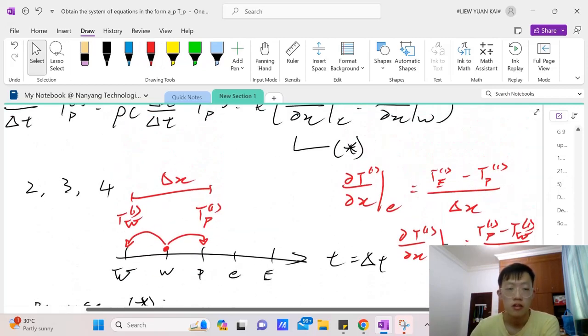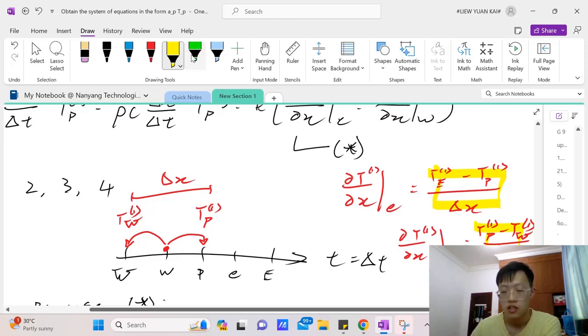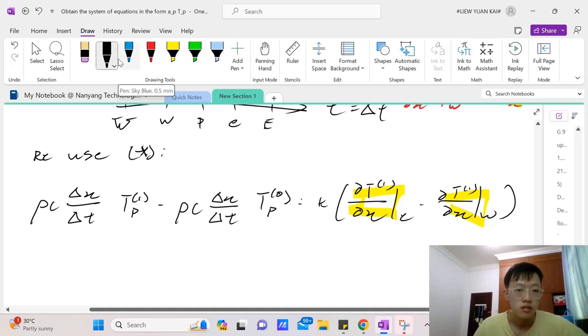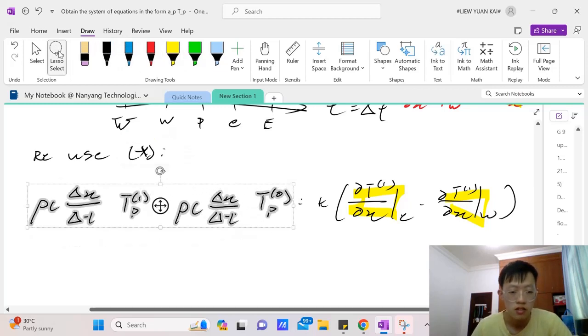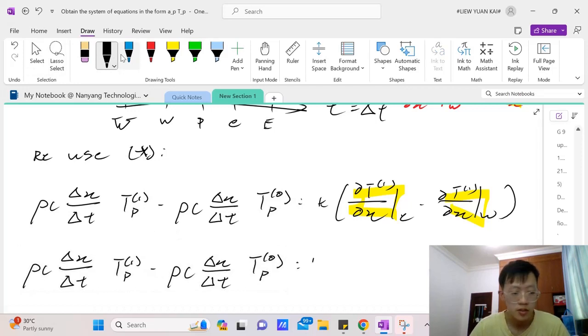Now we substitute these values into the equation here and here. So let's go ahead and do that. So this whole thing, I'm just going to copy it wholesale. And for the rest of it, I need to substitute in the values that we got.